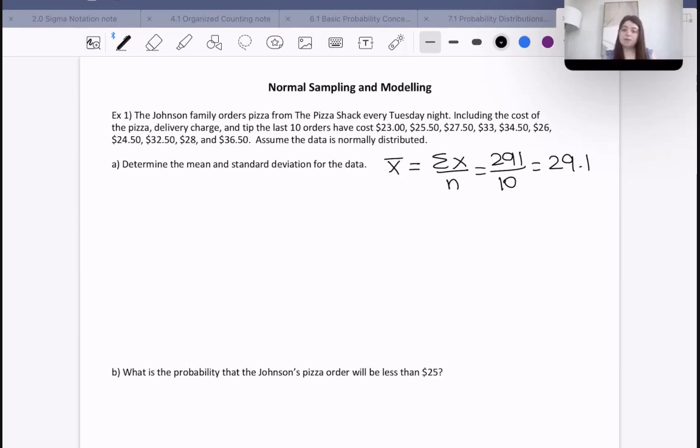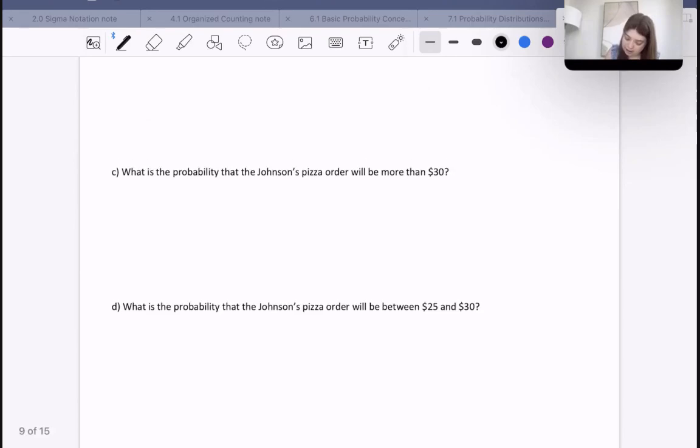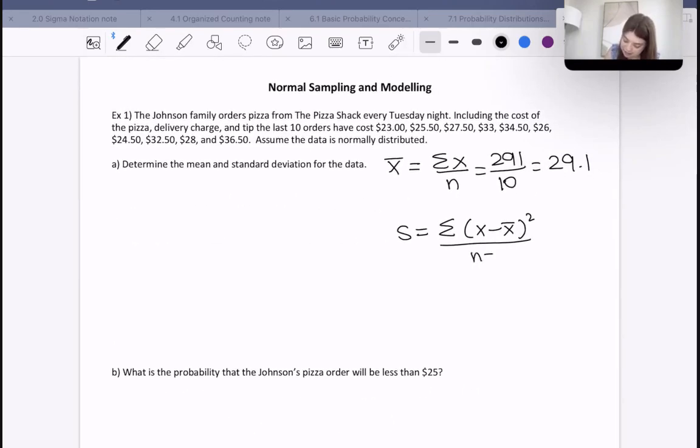Now, how about the standard deviation? How do we find the standard deviation? What we must do is take the summation of x minus x bar squared over n minus 1. Now keep in mind it's n minus 1 and not n because this is a sample. We're taking a sample of all the orders.